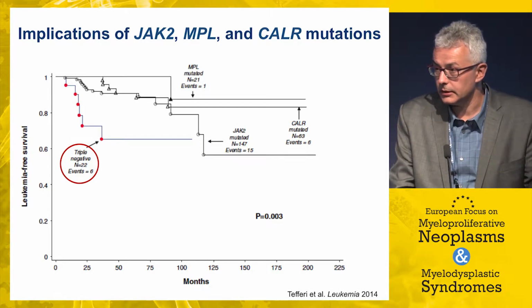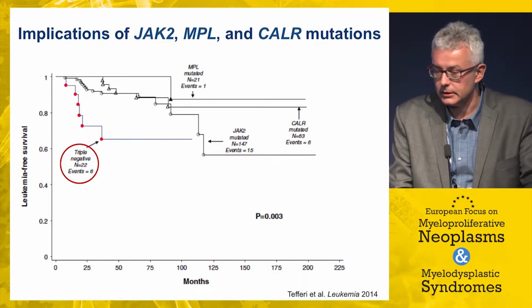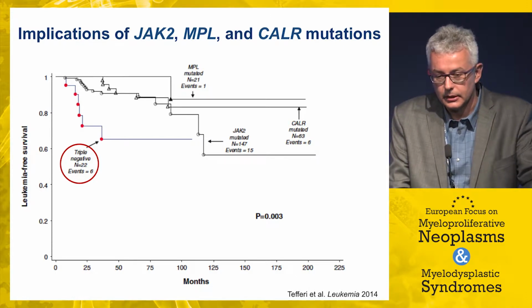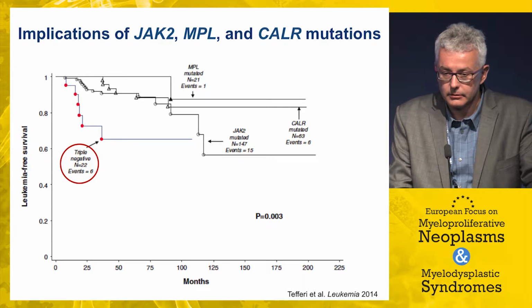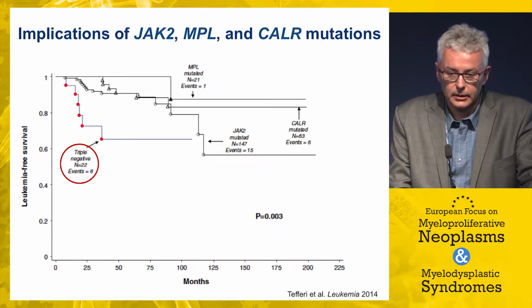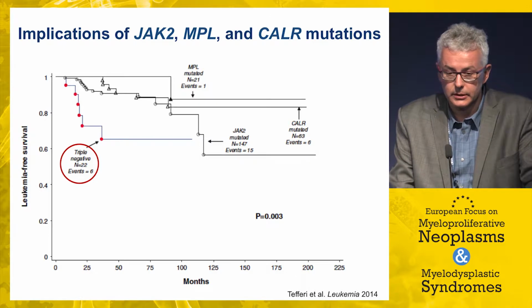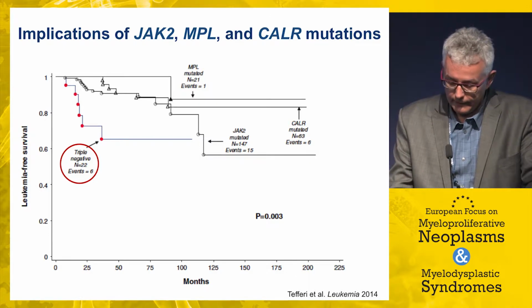As we know, they have a high risk of dying sooner, but there is also high risk of transformation to acute myeloid leukemia, which is then tied to their increased risk of dying and early death. So no surprise here, but there was no difference in this study between the other driver mutations that were identifiable in these myelofibrosis patients in terms of risk of transformation, just the triple negative cases.